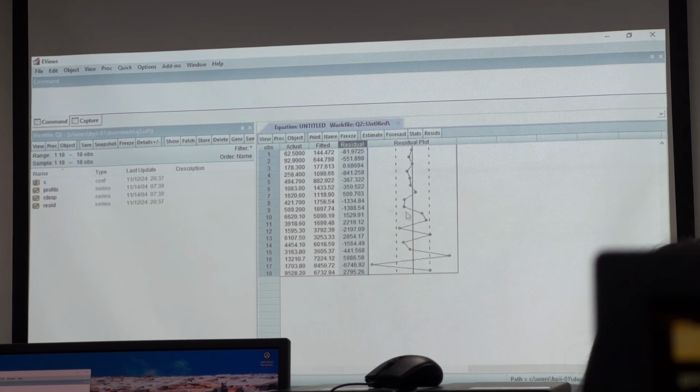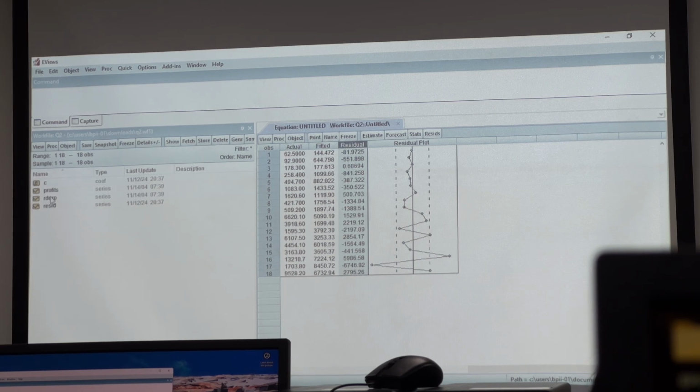Now the question asks you to plot the residual against the value of x, the profit. So now we want to produce a scatter plot, with profit as your x axis and residual as your y axis.